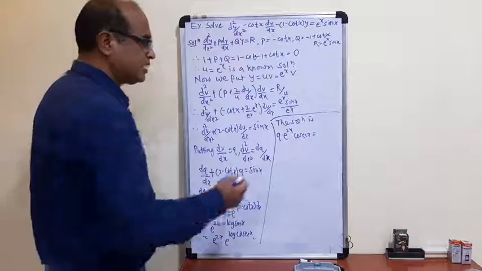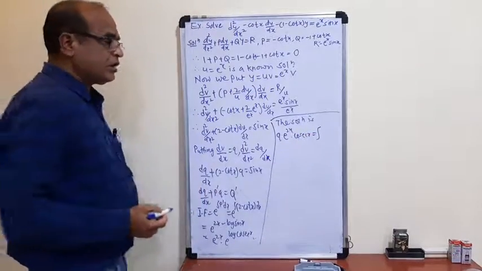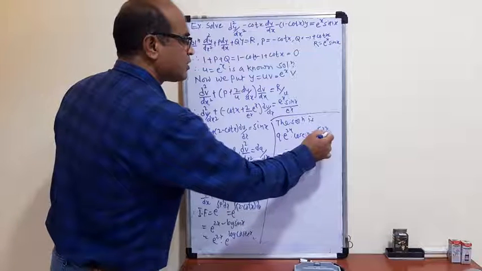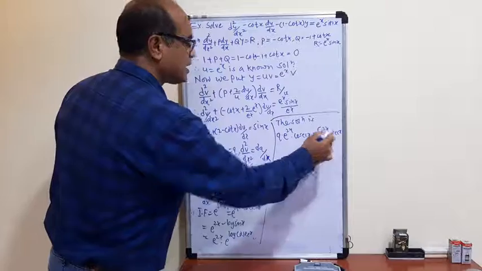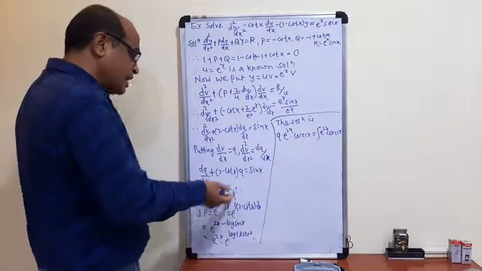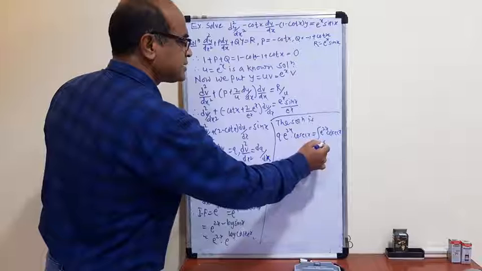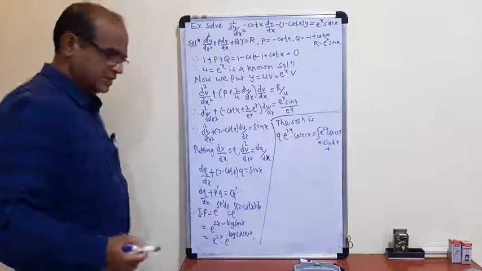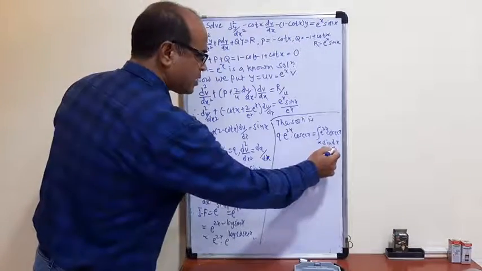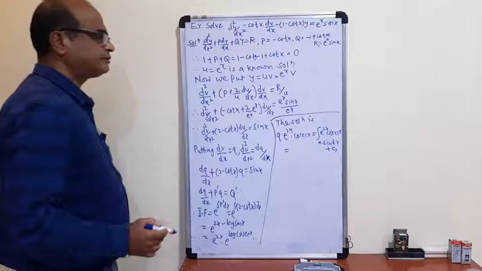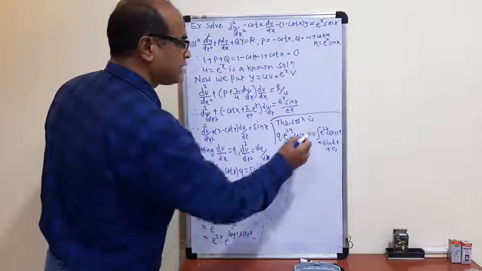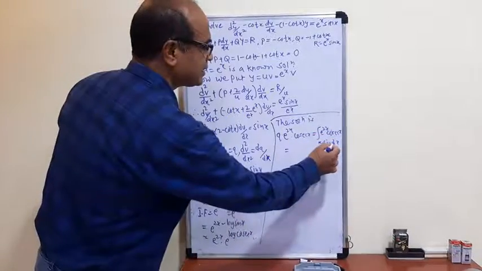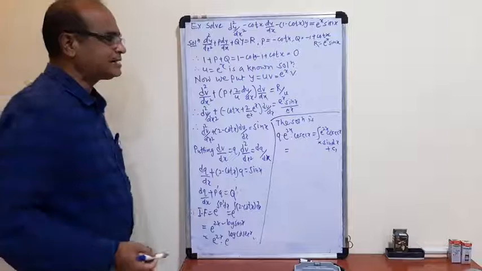So q into the integrating factor is equal to the integration of the integrating factor e raised to 2x cosec x into q dash. Q dash is what? Into sin x dx plus the integrating constant c1. So cosec x sin x get cancelled.